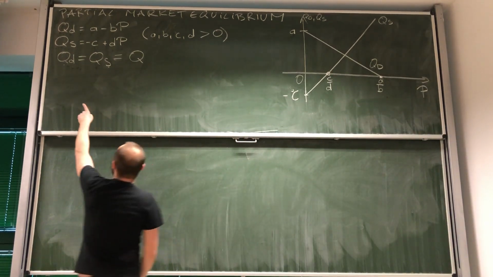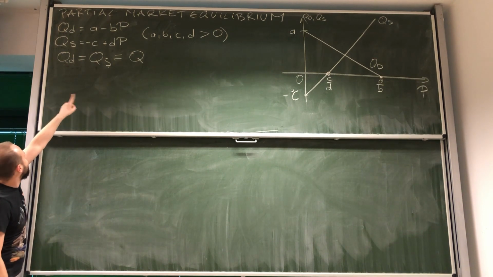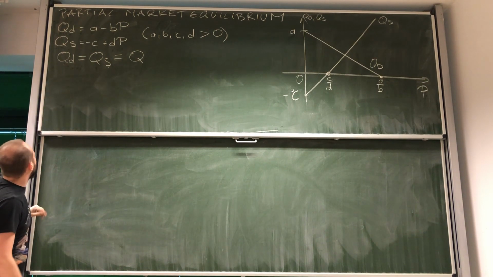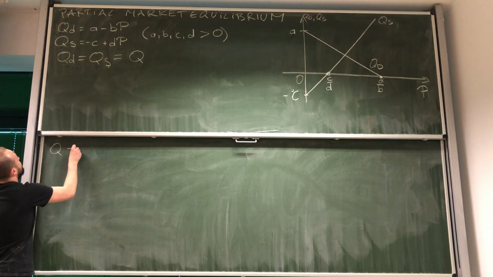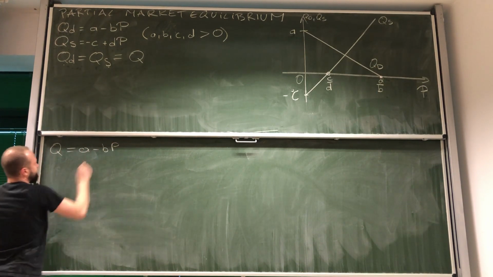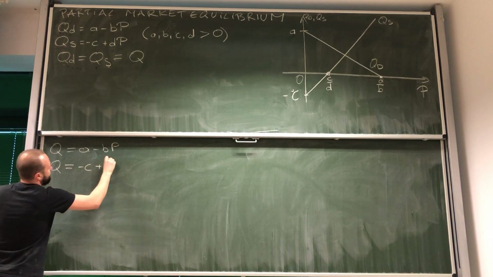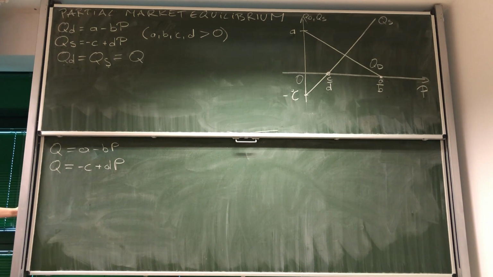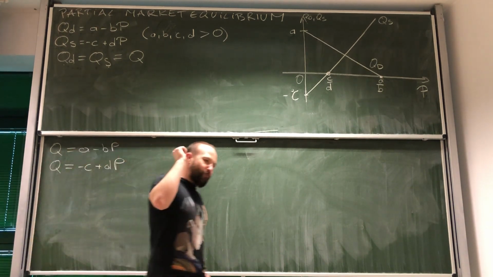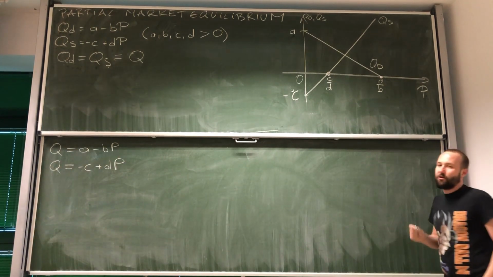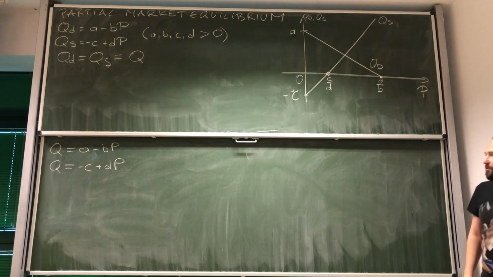Because now, if they are both equal to Q, I can replace QD and QS with Q over here. But then, in order to solve this system of simultaneous equations, we would like to take one additional step. And this is a step that we will be taking from this moment on very, very often. So please remember about it.